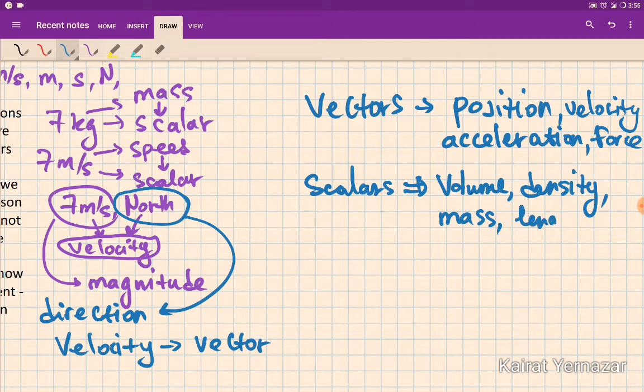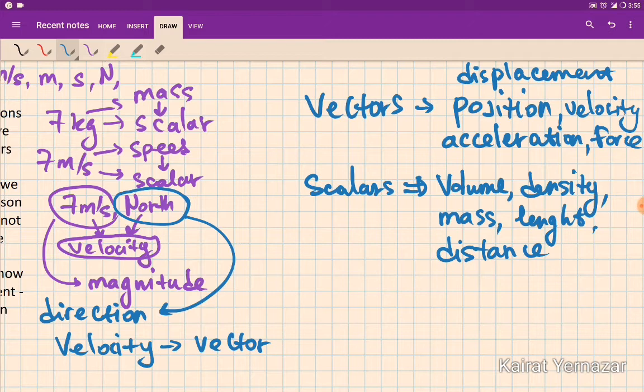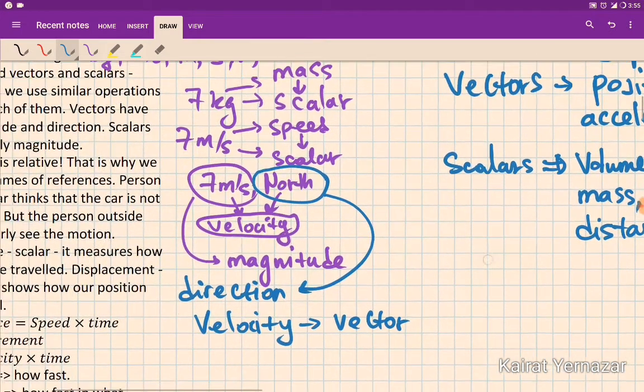Length, or distance. Another good example for vectors is displacement. Okay, I hope that you remember everything from the second quarter.